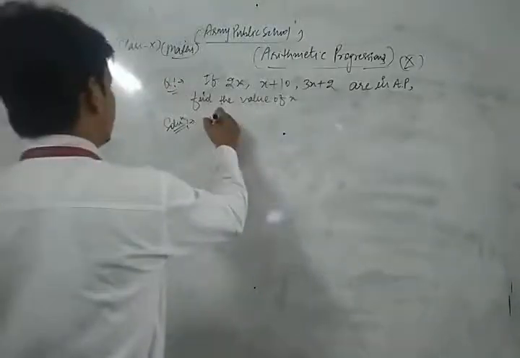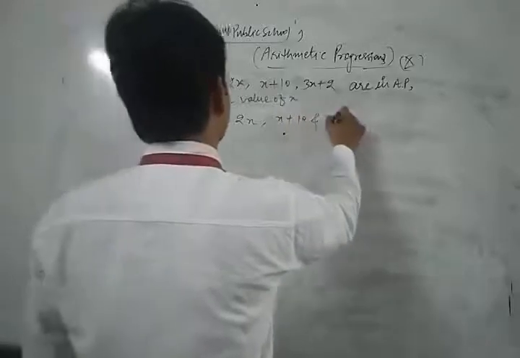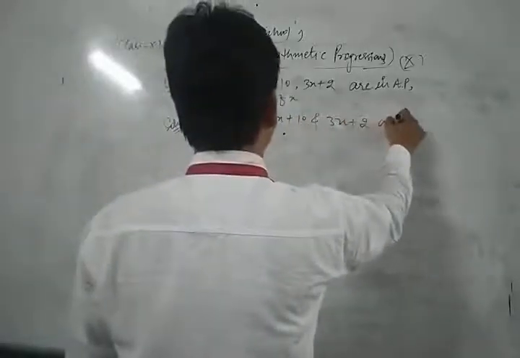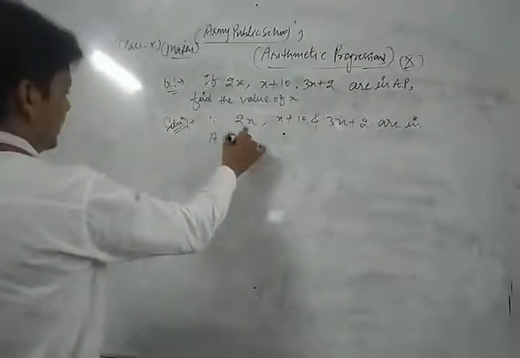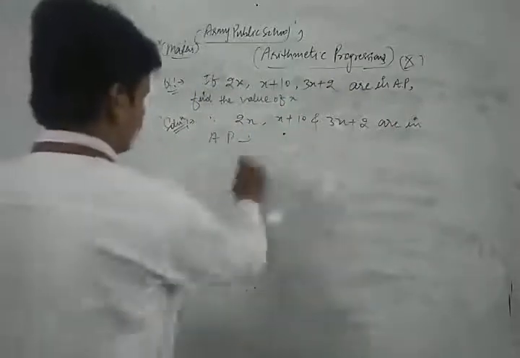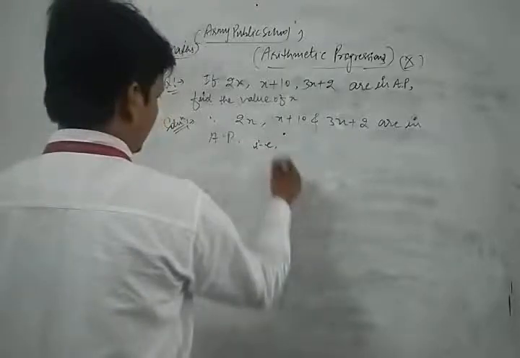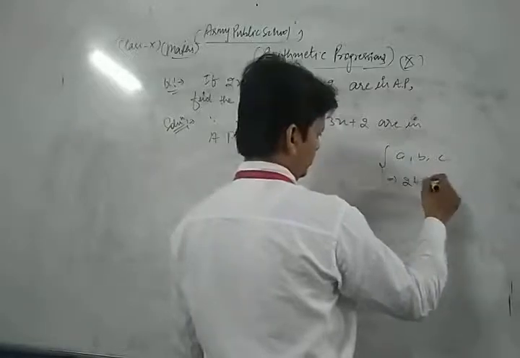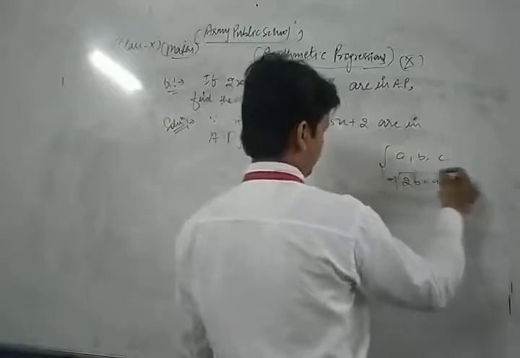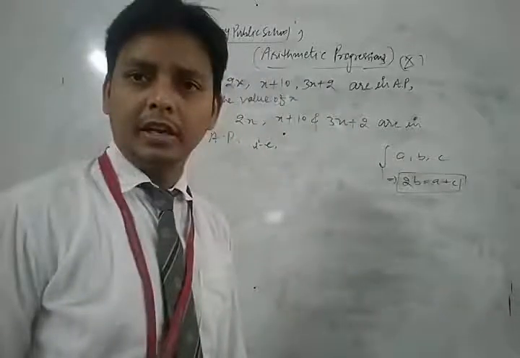Since 2x, x plus 10 and 3x plus 2 are in AP, okay? That is, and just as I discussed, if three numbers a, b, c are in AP, then a very important relation between them is what? 2b is equal to a plus c. This is the condition for three numbers which are in AP.